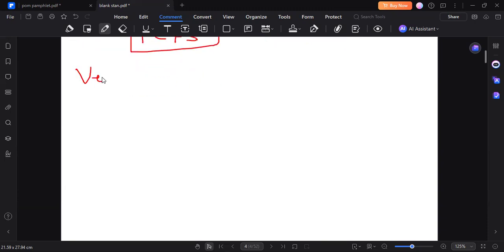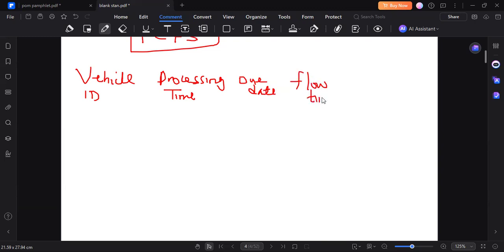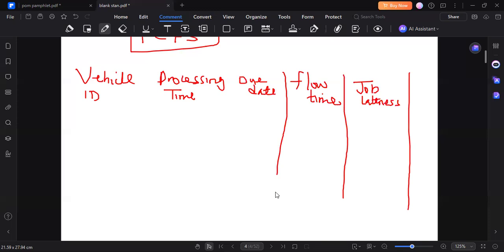So you have the vehicle ID, then the processing time, the due date, then you go for flow time and job lateness. Okay, so this is what we have.